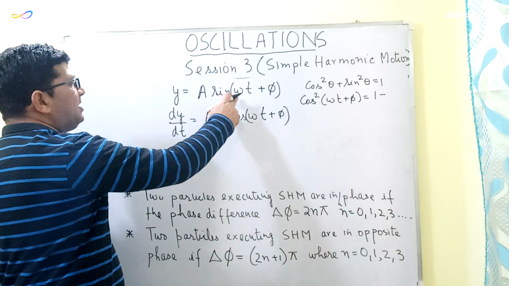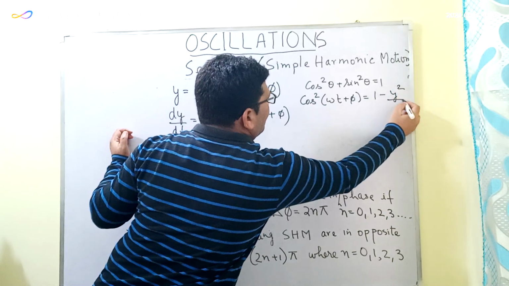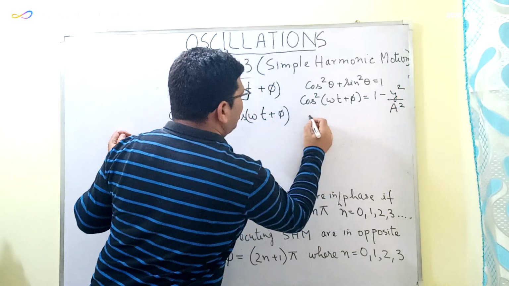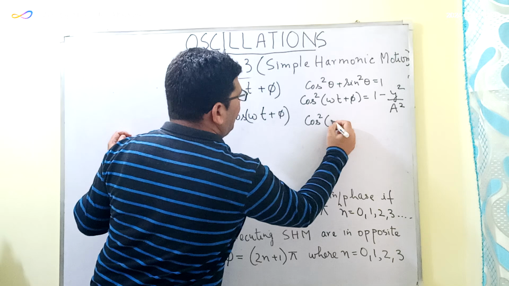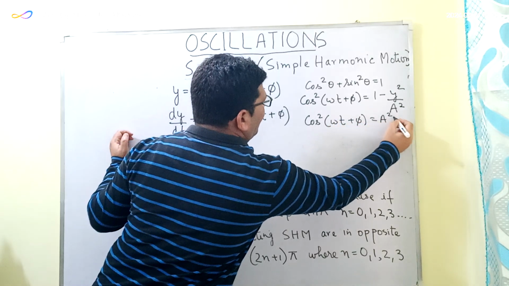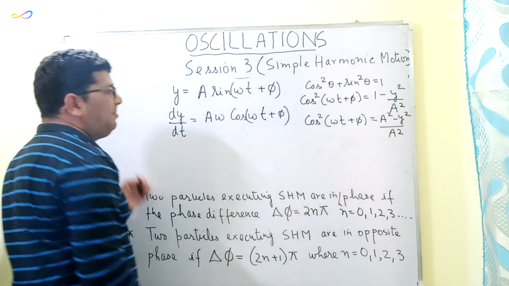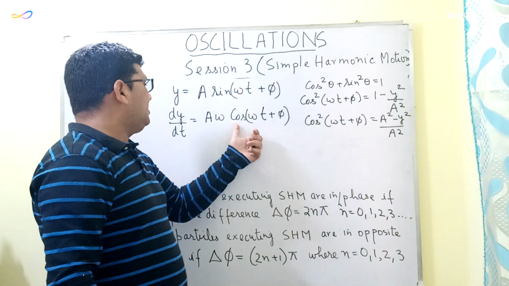So sine square(omega t plus phi) will be equal to y square upon a square. So we can say that cos square(omega t plus phi) will be equal to a square minus y square upon a square. Now I will be substituting this value in this equation.